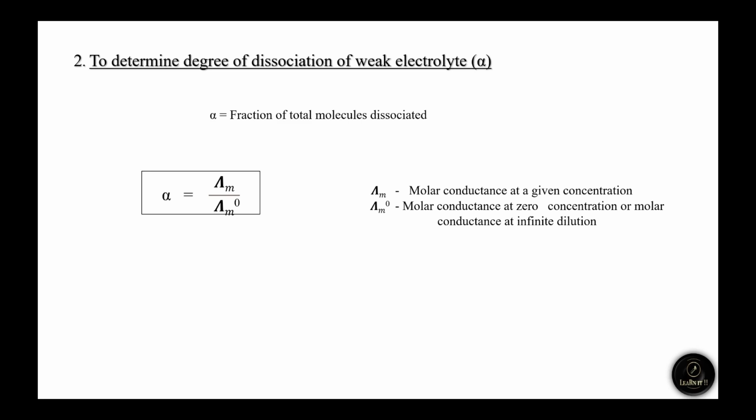Next application of Kohlrausch law is to determine the dissociation constant of a weak electrolyte, that is Kd. So it is calculated by using the formula Kd is equal to C into alpha square divided by 1 minus alpha. Where C is the initial concentration of the weak electrolyte and alpha is the degree of dissociation.